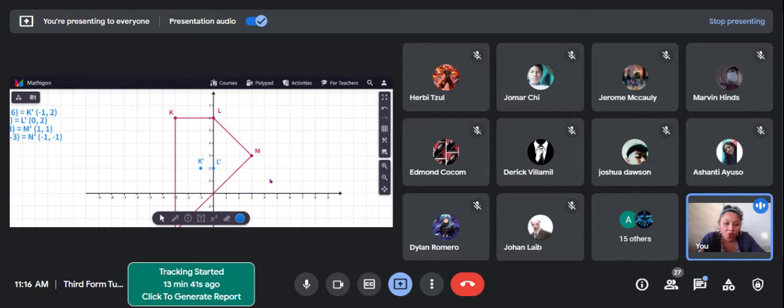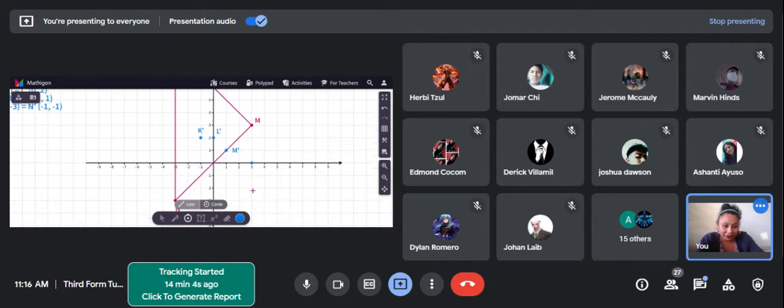The other point is 1, 1. So 1, 1 is right there, and I'm going to label this as M1. And the other point is negative 1, negative 1. I'm going to label it right there, and label this as N1. Now you have the four dots, and then you can go ahead and connect the dots.